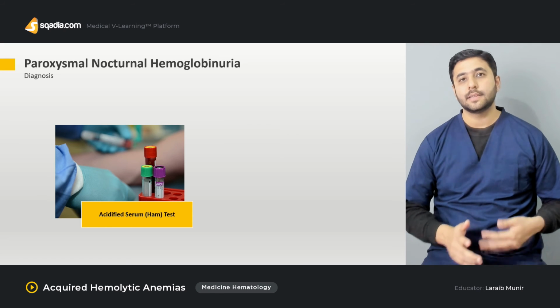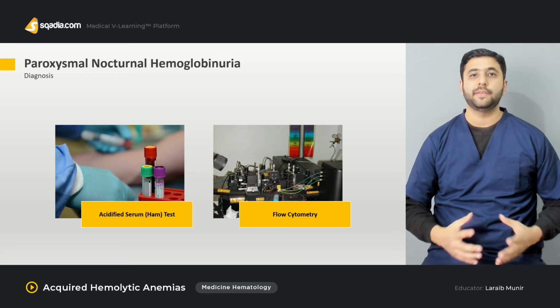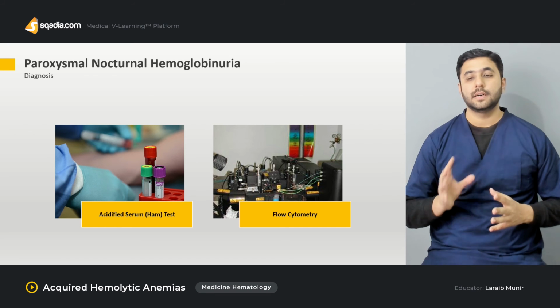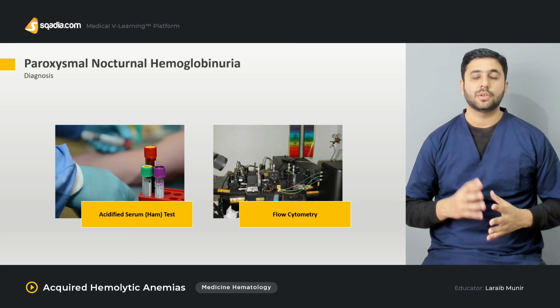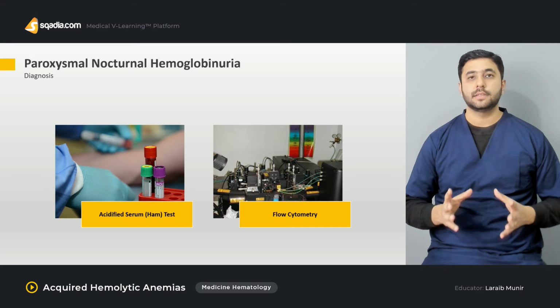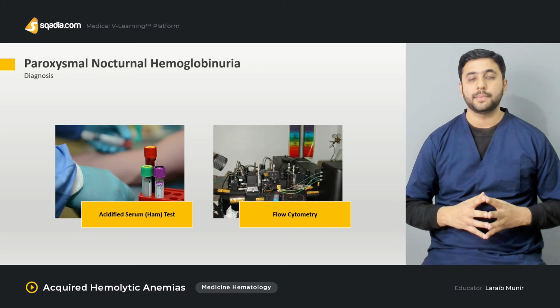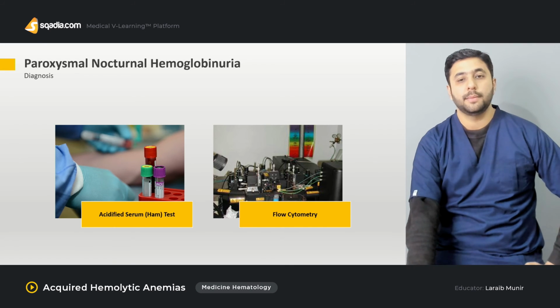This is a screening test, and afterwards we confirm this with the help of flow cytometry. Flow cytometry is the test in which we look at the RBCs for the presence of these antigens, or the presence of the GPI anchor proteins. So flow cytometry is the definitive test, and the acidified serum test is the screening test for PNH, or paroxysmal nocturnal hemoglobinuria.